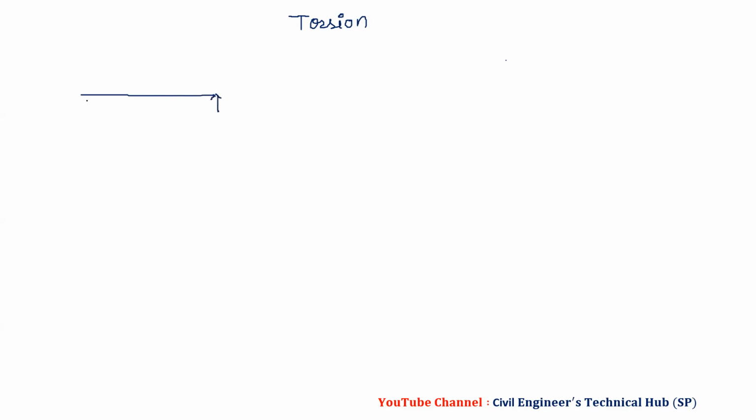When the bending moment is in the plane of the member, that means if you apply a load to the member, then a bending moment will be developed. We have P by 2 and P by 2 as reactions. Whatever bending moment diagram you plot here is in the plane of the member.